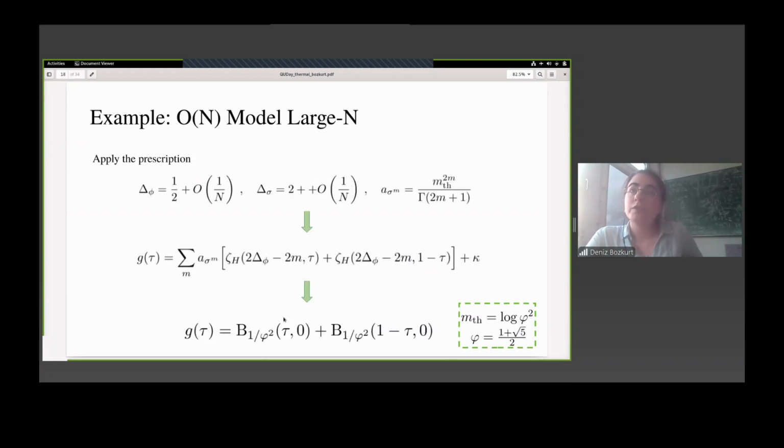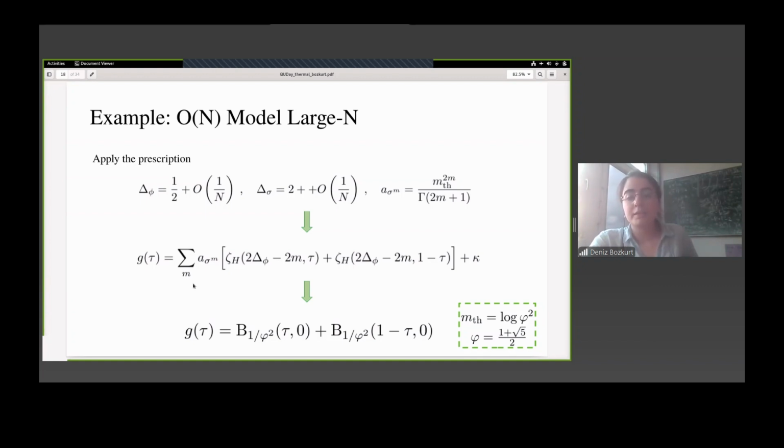So then, we do the same steps, but here the significant thing is that now that we have the sigma fields, the contributions coming to the thermal 2-point function will be infinitely many. So the identity operator will contribute. Phi will not contribute, and then all the sigma to the power m operators contribute.